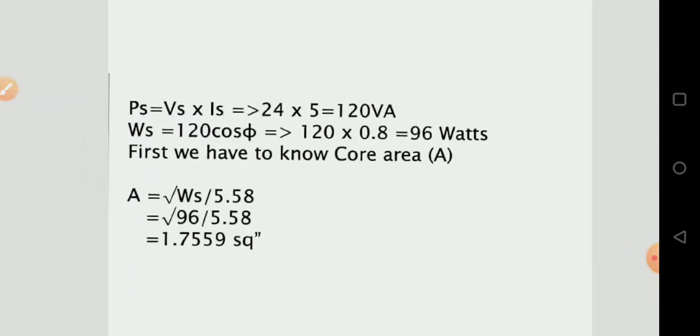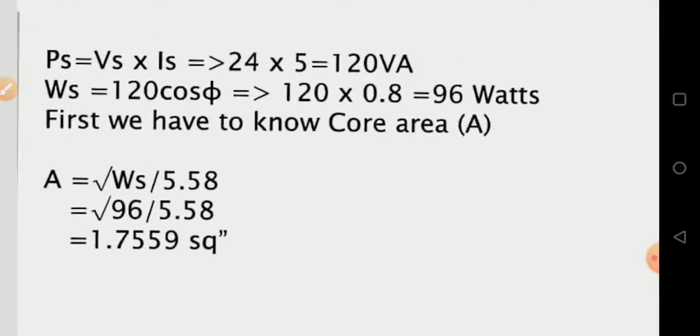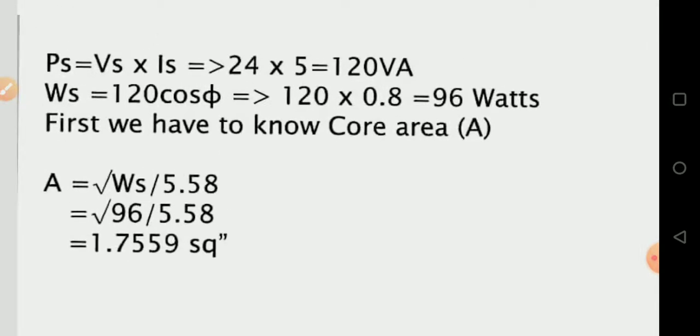At first we have to calculate the power on the secondary side. Power on the secondary side equals secondary voltage times secondary current. Here the secondary voltage is 24 and the current is 5, so the secondary power is 120 volt ampere.